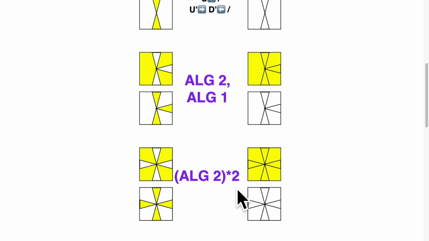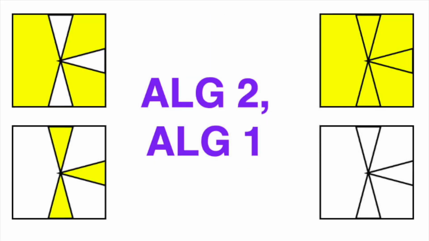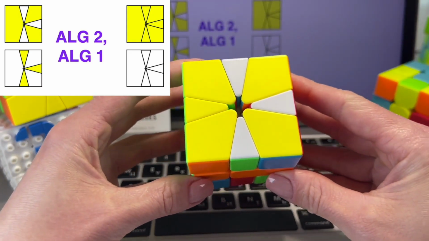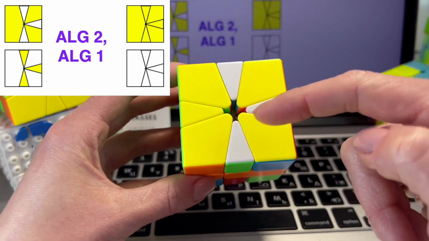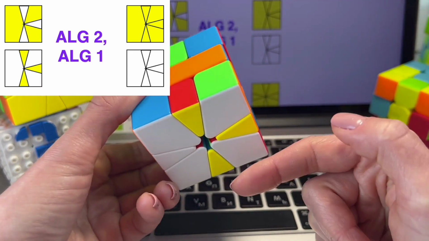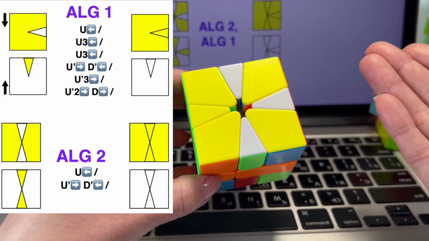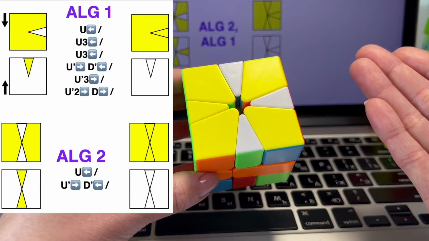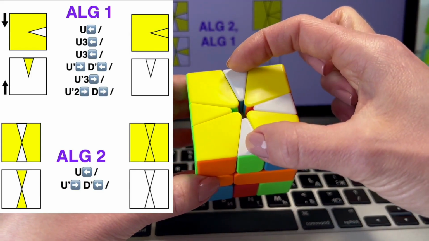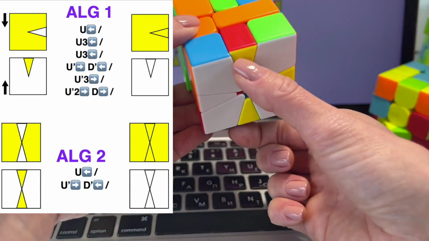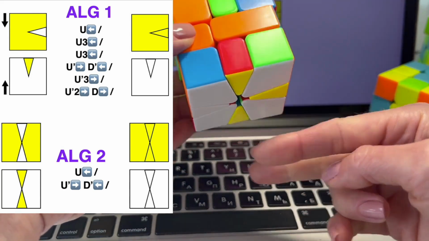All right, let's move on to practice. In this situation, we need to move three white edges down to the white side. First, we'll use algorithm number 2, which will send these two white edges down, and these two yellow edges will go up.